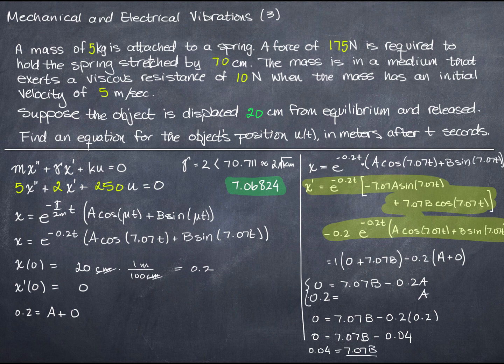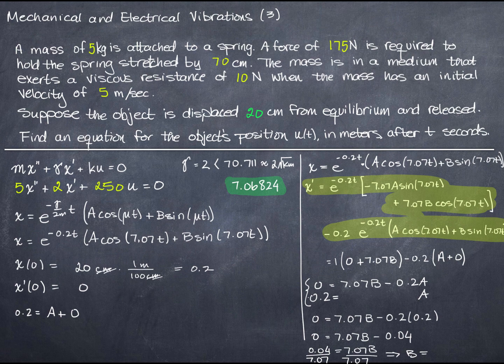Divide both sides by 7.07. And we get that b is equal to, now this is the place where I go back and say, well, it's 0.04 over 7.07, but it wasn't really 7.07. It was 7.06824. Really, it was a much longer number.